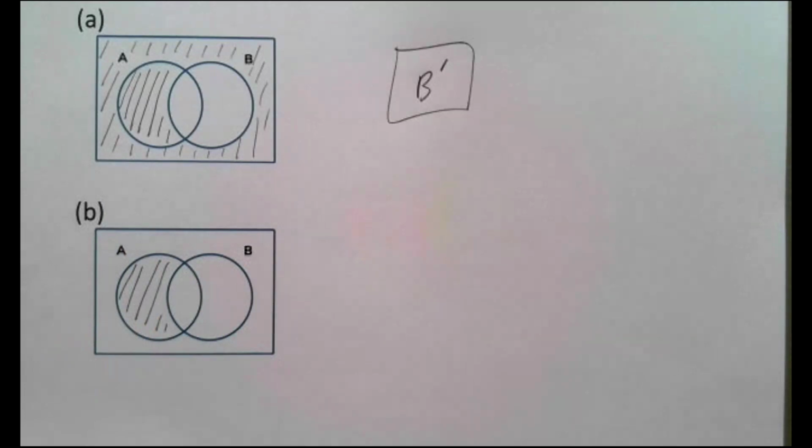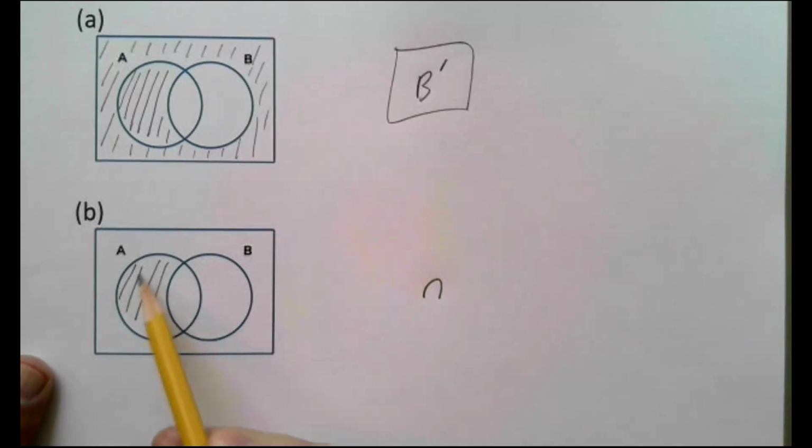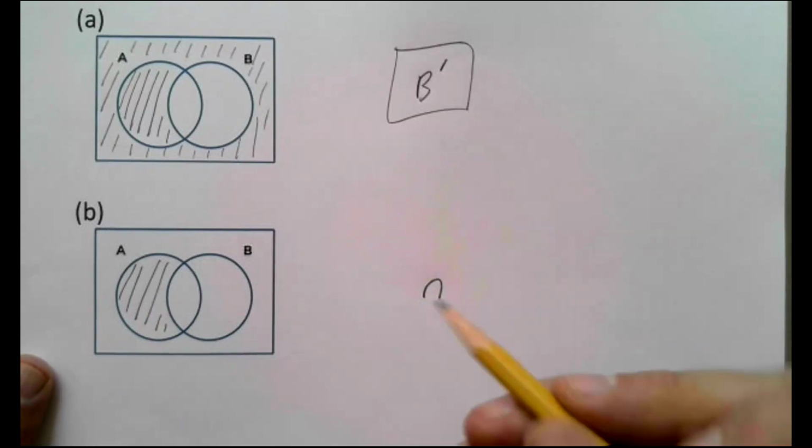It has to satisfy both of those criteria at the same time. It has to not be in the B circle, but it does have to be in the A circle. Remember, this is the notation we use when we're trying to make two different things satisfied at the same time. It is in the A circle, but it's not in the B circle. I shaded everything that is in the A circle, but not in the B circle. Or vice versa. It doesn't matter what order I say that in.